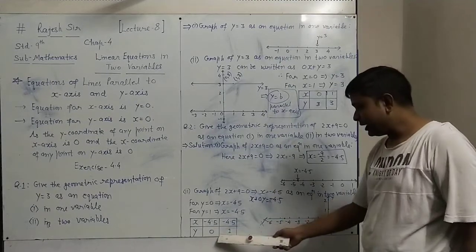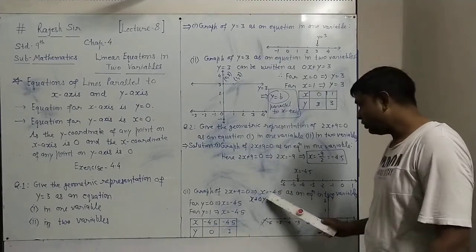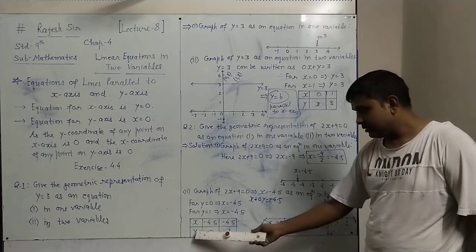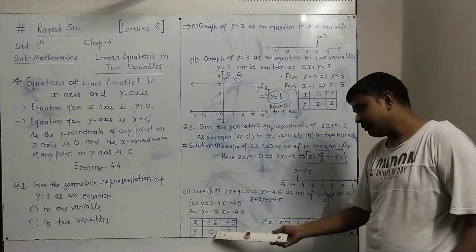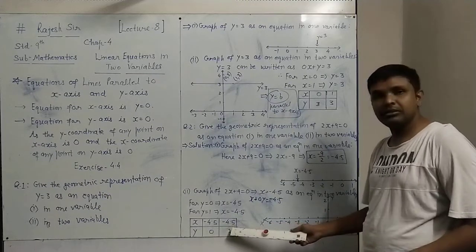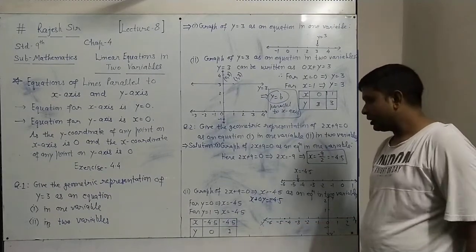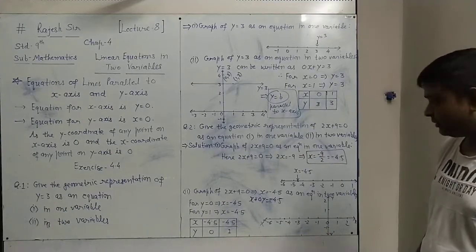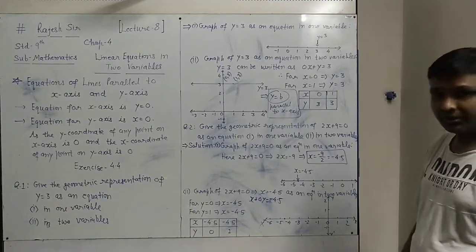For any value of y, 0, 1, 2, 3, any value, x will always be minus 4.5. We can see that here also. So y equal to 0, x is minus 4.5; y equal to 1, at that time also x is minus 4.5. Now using two pairs of the coordinates of x and y, you can get the equation.